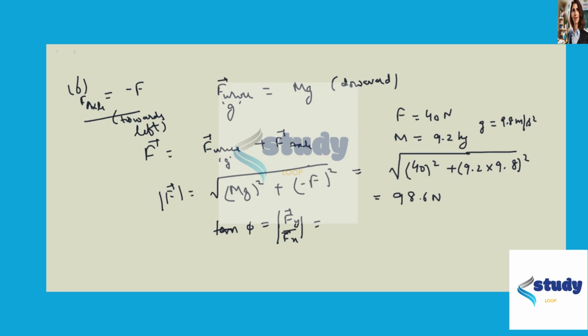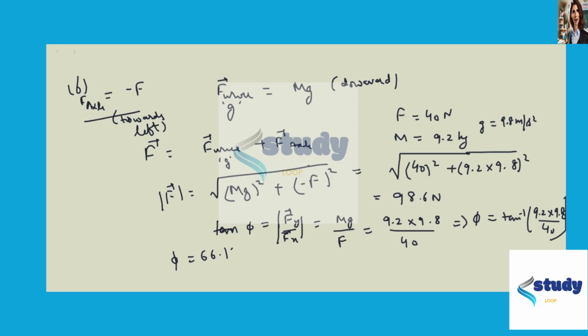So this is mg over F, which equals 9.2 times 9.8 over 40. Phi is the inverse tan of this value. You can use the calculator. So phi comes out to be 66.1 degree.